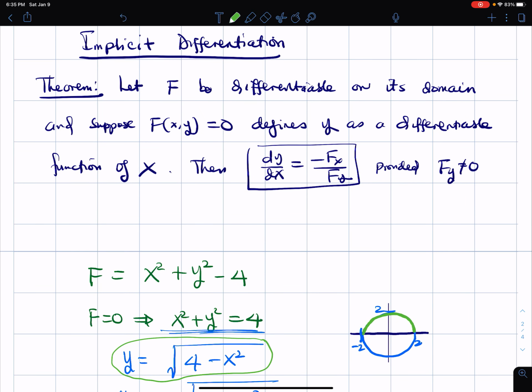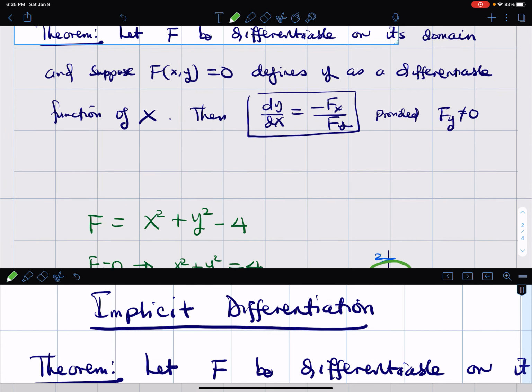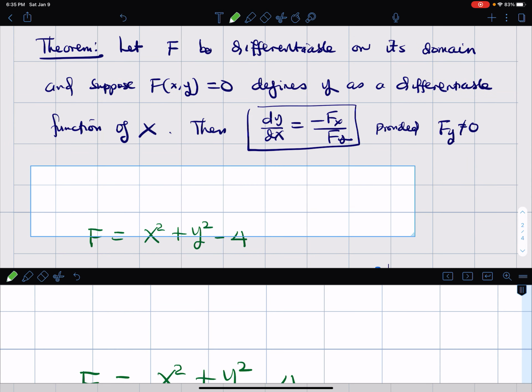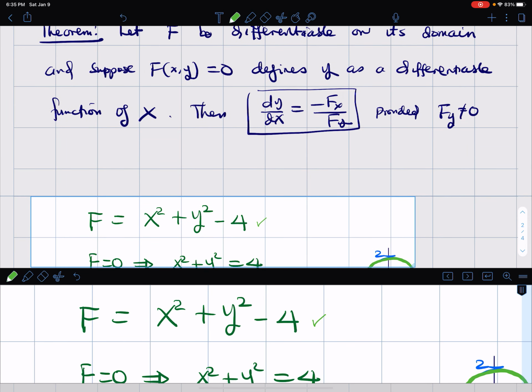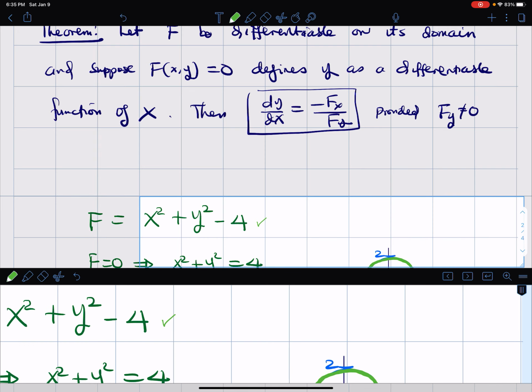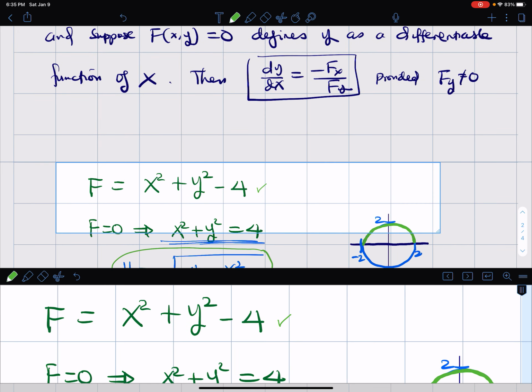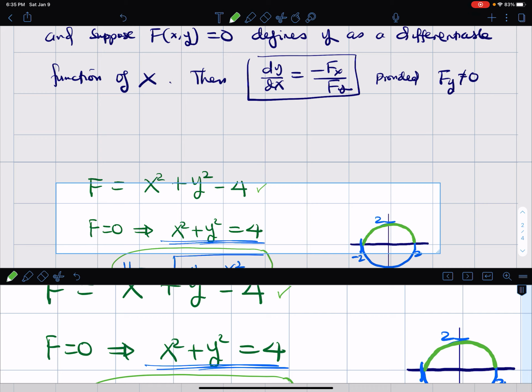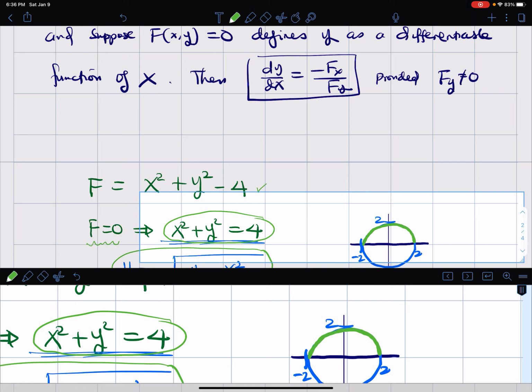It says, let f be differentiable on its domain, and suppose f of x, y is equal to 0. Let's assume it defines a differentiable function of x. Now, this green part is a differentiable function of x.